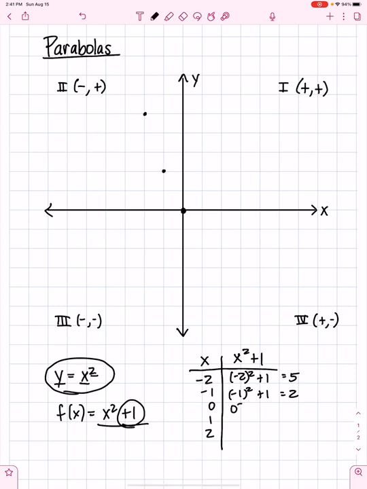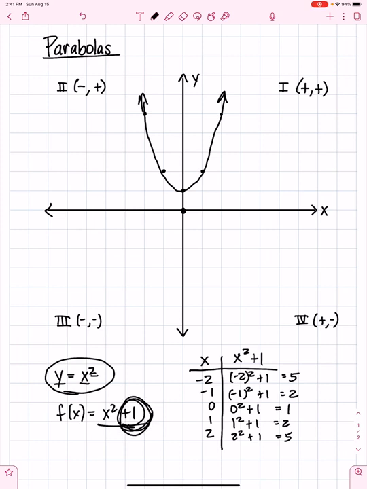When x is 0, 0 squared plus 1 just gives me a 1, so I've got an ordered pair at 0, 1. 1 squared plus 1 gives me 2. 2 squared plus 1 gives me 5. Right there. So if you'll notice, it is the exact same parabola that I just drew, only shifted up 1. And we'll talk more about transformations later. Okay, so the equation, my blueprint, shows me how to graph my parabola on the coordinate plane.